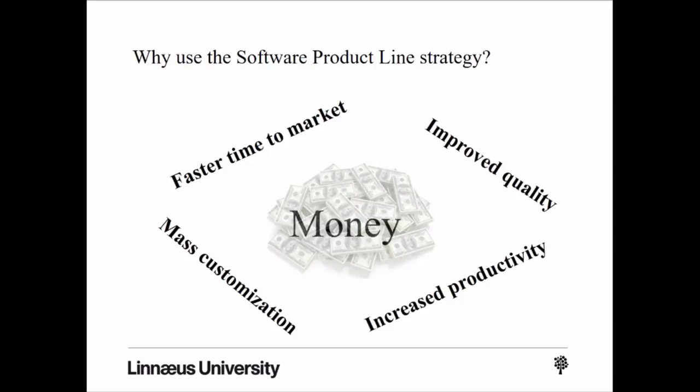Why do we do this then? Of course, we achieve these goals: time to market, improving quality, increased productivity, and we support mass customization. And this is something that customers today are really pushing for.